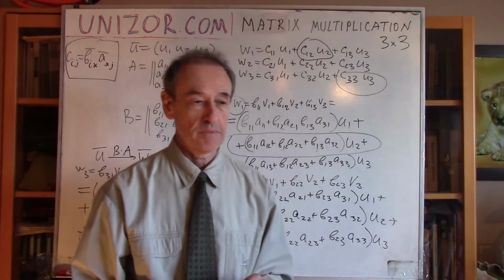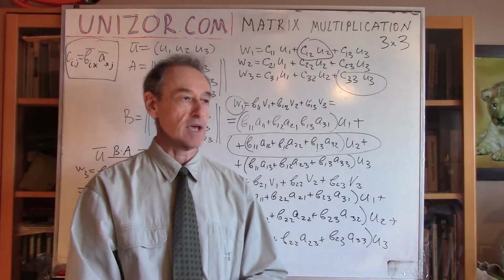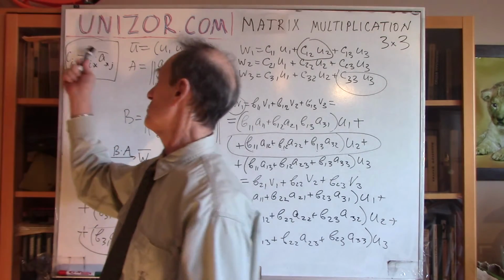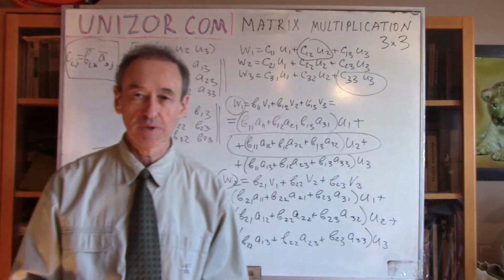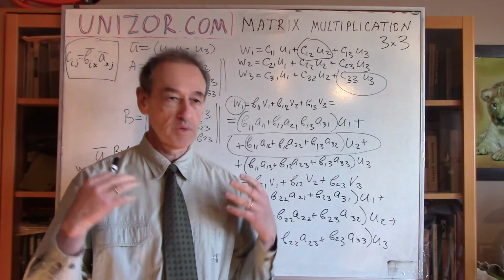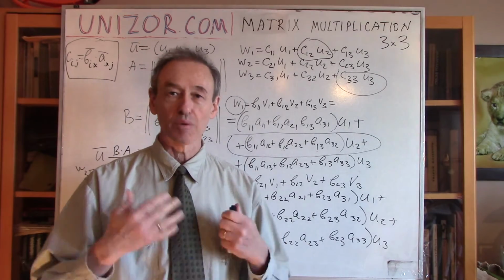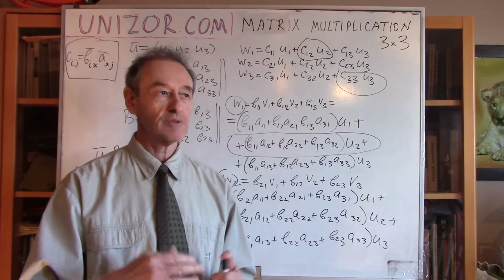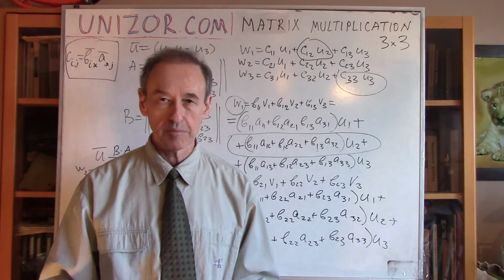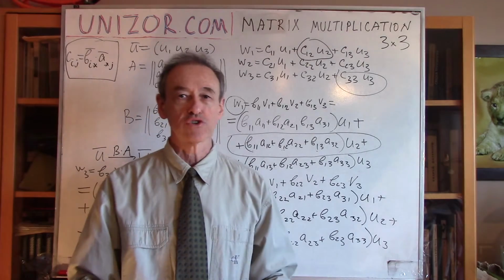Now, why did I go through all these calculations again? Why didn't I just say, okay, guys, this is basically the definition of matrix multiplication? Well, it seems to me that when you make sure with your own hands that this is the right way to do it, then you don't have any questions why. Because if I just tell you, okay, this is a definition, the reasonable question is why.